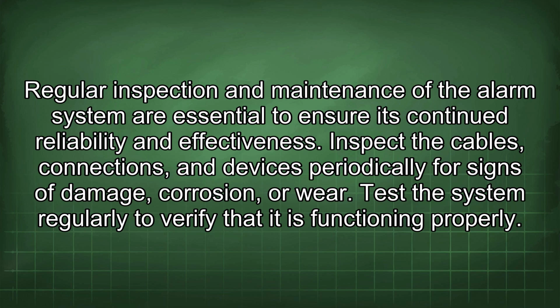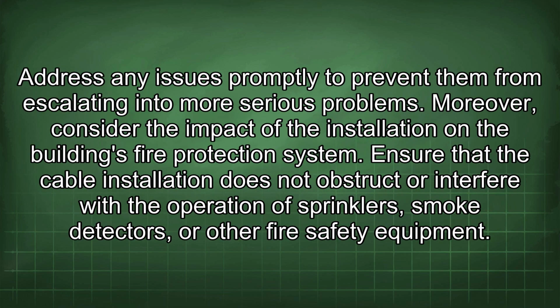Regular inspection and maintenance of the alarm system are essential to ensure its continued reliability and effectiveness. Inspect the cables, connections, and devices periodically for signs of damage, corrosion, or wear. Test the system regularly to verify that it is functioning properly. Address any issues promptly to prevent them from escalating into more serious problems.